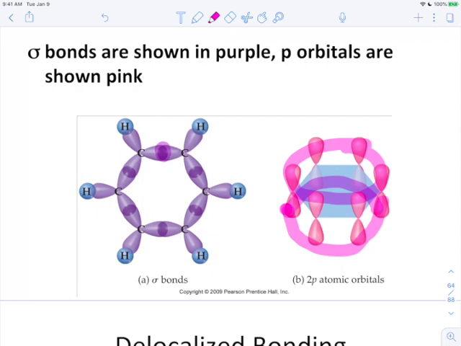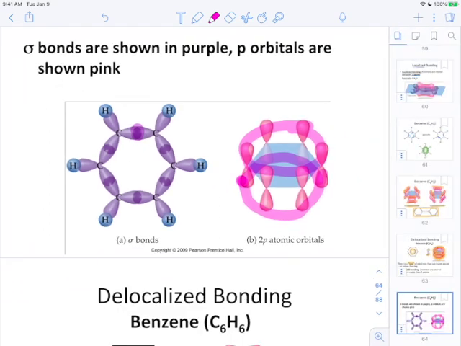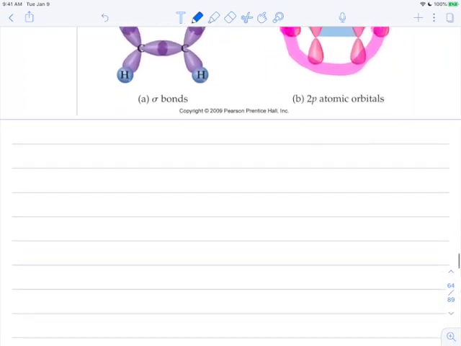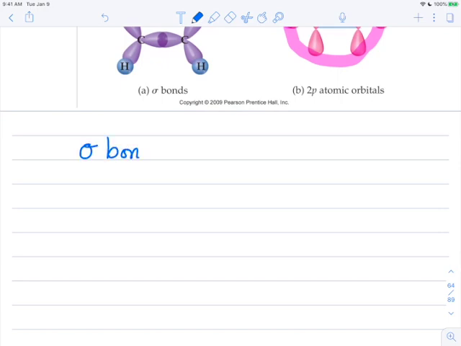All right, so just one more time, your sigma, let me actually write this out just so you have it in writing here. So your sigma bonds, here we always have localized electrons.